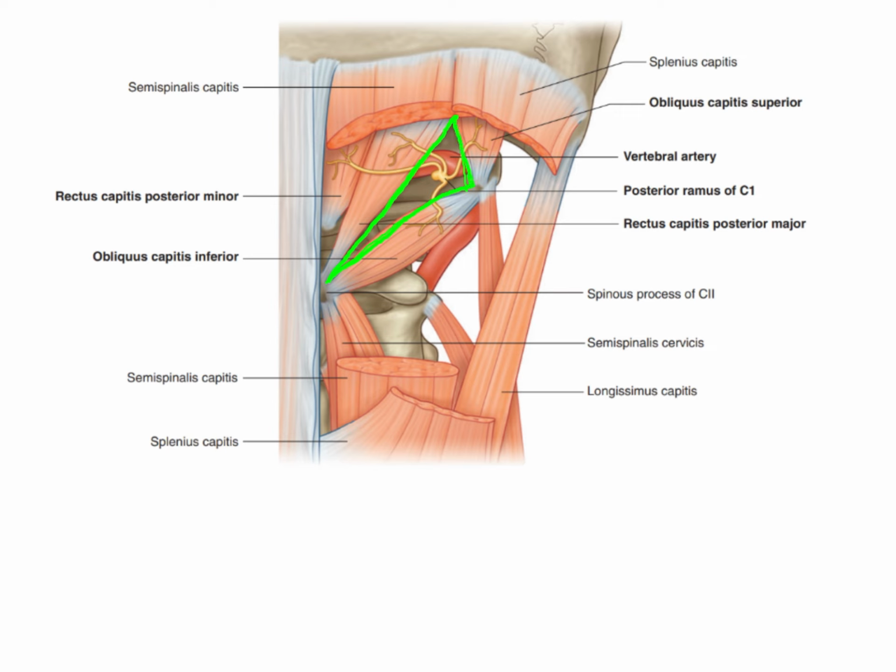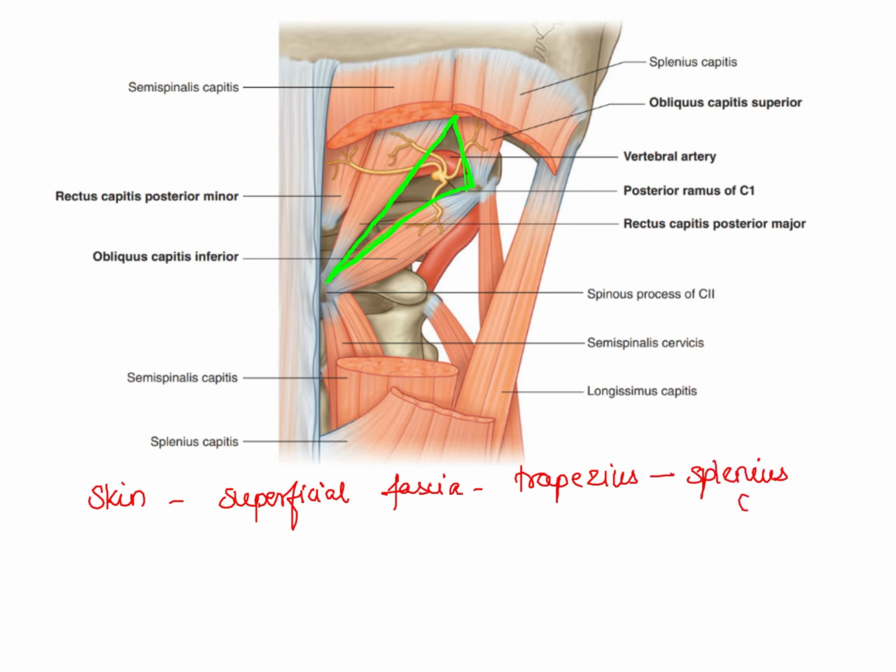And now, how to get into the suboccipital region? First and foremost, we have this layer of skin. On reflecting that, comes the superficial fascia, and next to it comes the muscle layer formed by trapezius, and deep to trapezius we have the splenius capitis muscle, which is shown here.